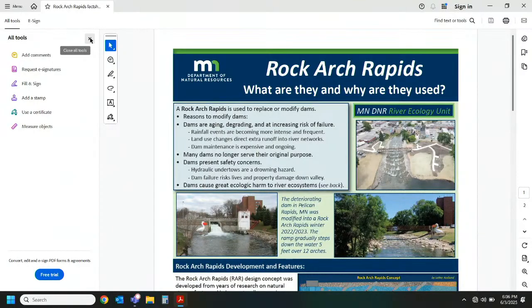It wasn't serving its purpose anymore. Those low head dams are very dangerous for boaters. And the big thing is that these rock arch rapids do promote a lot of the good effects for the overall ecology of a river stream, where we get fish passage, we're moving sediment, all that.